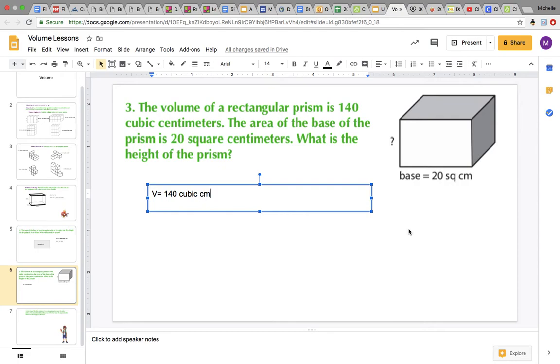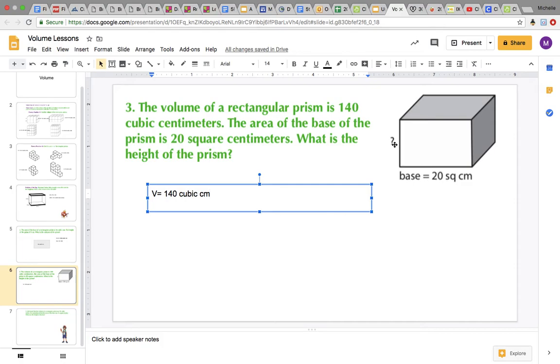All right, one way we could do this is division. 140 divided by 20 to get us this number, because we know multiplication and division are related, right? They're opposites, okay?